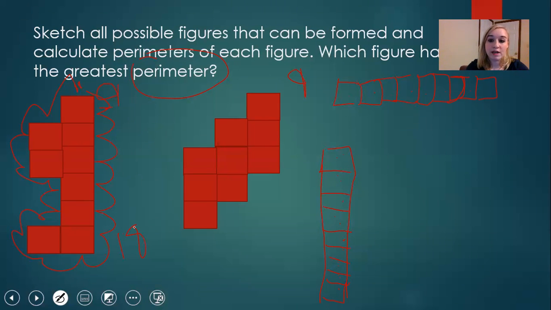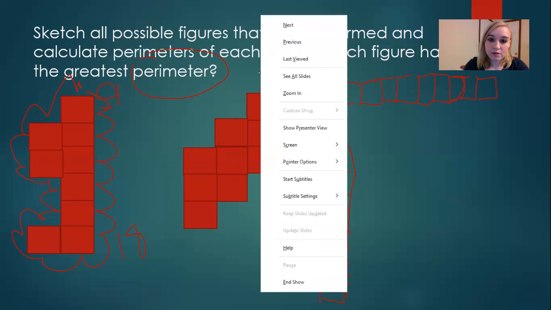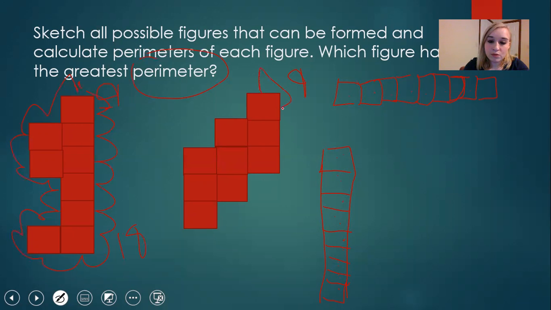So now we're going to count this side and we're going to find out which one is greater between all of these. So here we go. 1, 2, 3, 4, 5, 6, 7, 8, 9, 10, 11, 12, 13, 14, 15, 16. And then here we go. 1, 2, 3, 4, 5, 6, 7, 8, 9, 10, 11, 12, 13, 14, 15, 16, 17, 18, 19, 20.